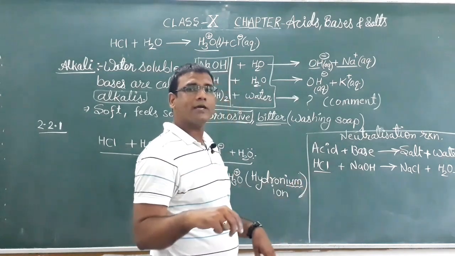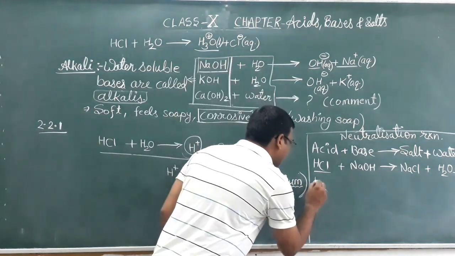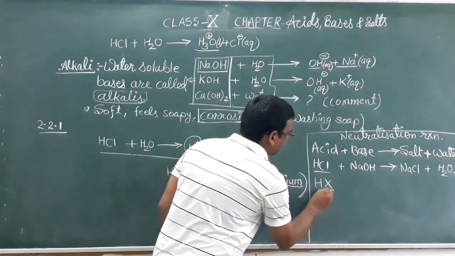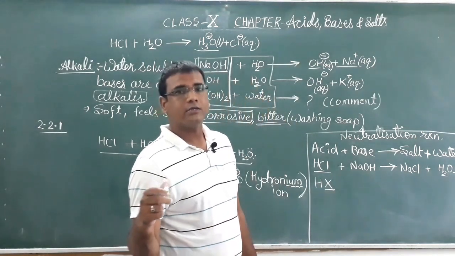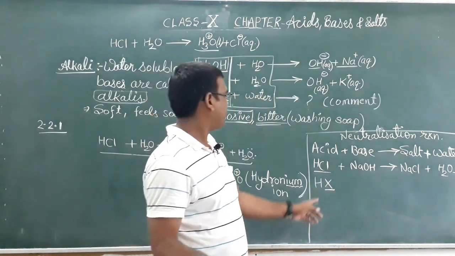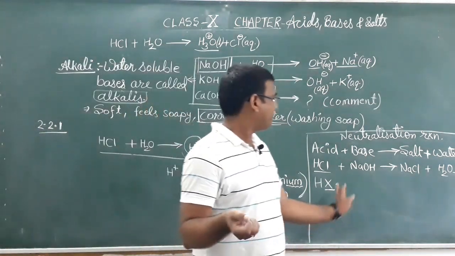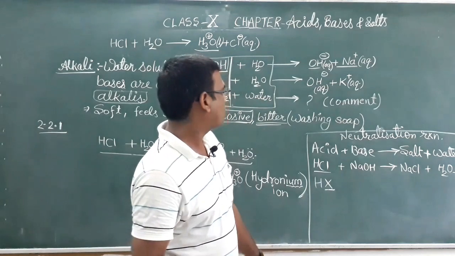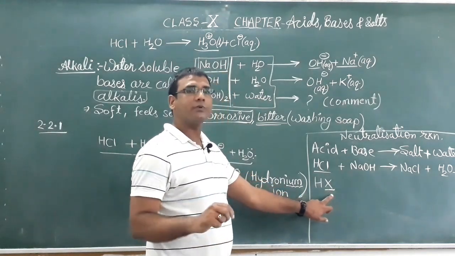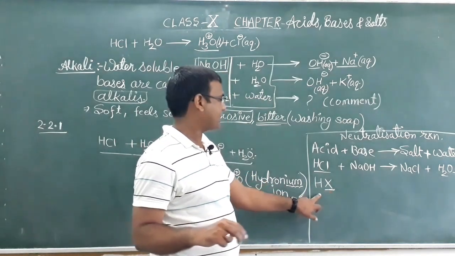In place of HCl we can take HX, where X is an unknown part; it may come from sulfuric acid or nitric acid. We are not mentioning that specifically, so it is a common HX.